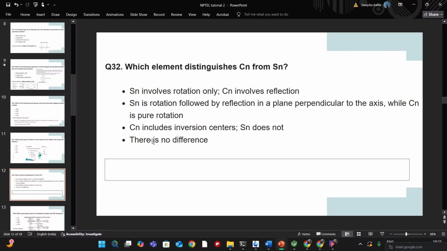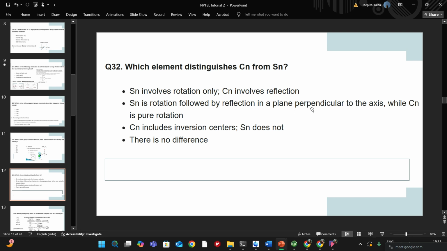Then, which element distinguishes Cn from Sn? So, out of all these four options, it says Sn involves rotation only and Cn involves reflection, which is incorrect. Sn is rotation followed by reflection in a plane perpendicular to the axis, while Cn is pure rotation.